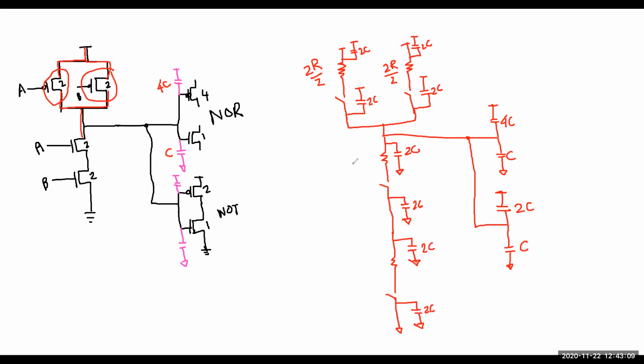This one is R by 2. Okay. So now 2R by 2 means only R. So I'm going to erase it. 2R by 2 means R. That's it. So our main circuit is actually done.